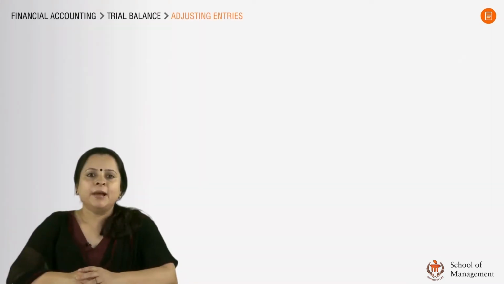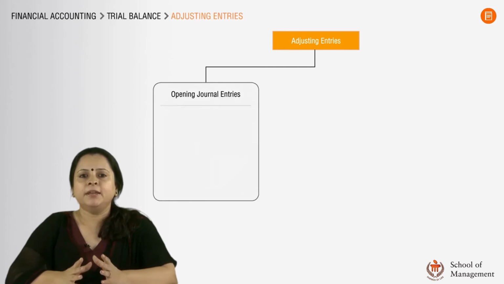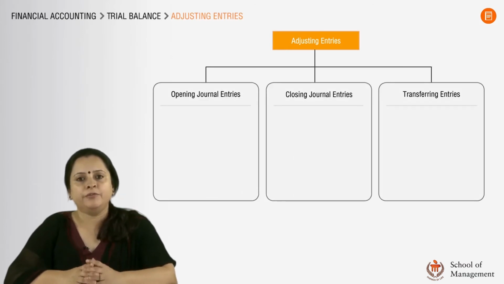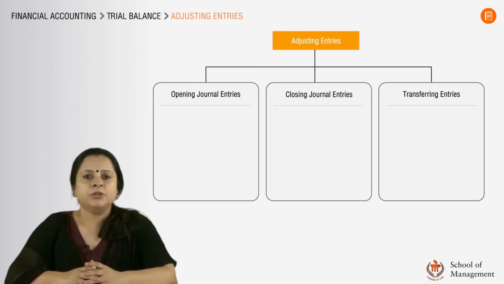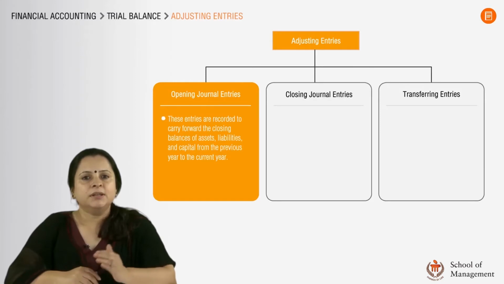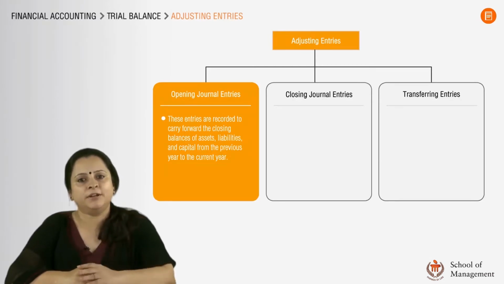To prepare trial balance, apart from the regular transactions that happen in an accounting period, there are three main adjusting entries that are passed in the books at the beginning and end of every accounting period. So the first is what is known as opening journal entries. These entries are recorded to carry forward the closing balances of assets, liabilities and capital from the previous year to the current year.